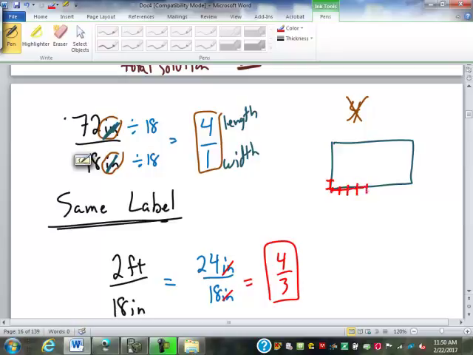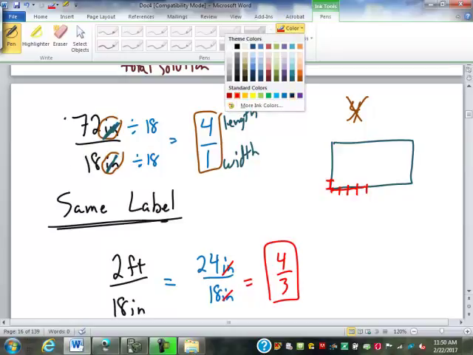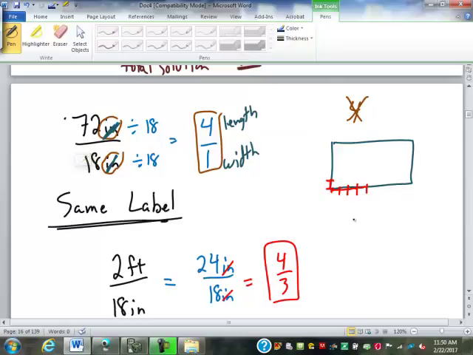And it doesn't matter what I use. If I measure the width in centimeters, there's going to be 4 times that many centimeters of length. If I measure the width in feet, there'll be 4 times that many feet of length. So the units no longer matter. I can go to whatever measurement system I want to with these ratios. Now there is something called a unit ratio.